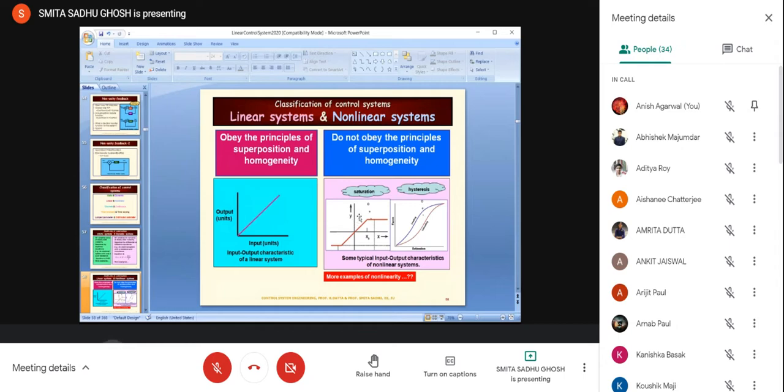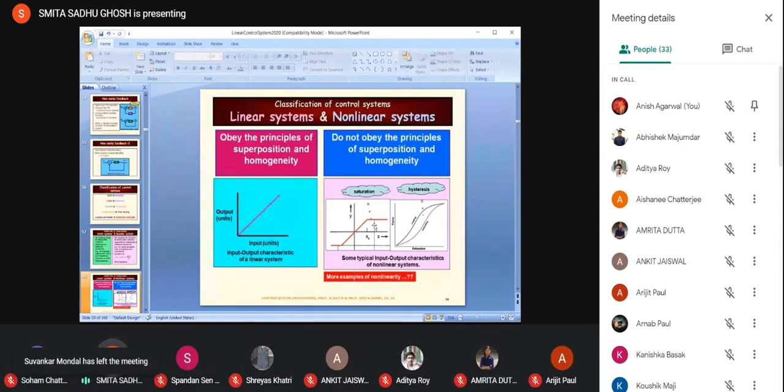So a proportional change in the output corresponding to a change in the input is going to make this portion linear. On the other hand, once an input which exceeds the value, say x0, which is mentioned over here, is applied to the system, any change in the input is no longer going to give me a proportional change in the output of the system. The output has frozen at some particular value, that is a saturation value. So this portion is no longer going to give me a proportional output, and it makes the overall characteristic nonlinear.